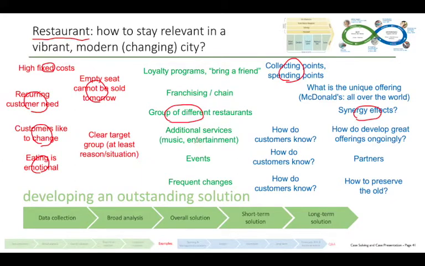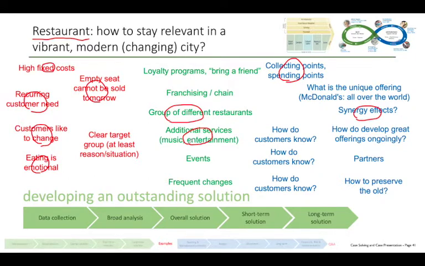We could say that the overall solution would be something like offering additional services, things like music, entertainment events, like a combination with a zoo, for instance, as we have seen before. So here the question would be, how do customers know? Again, that's largely a marketing question.